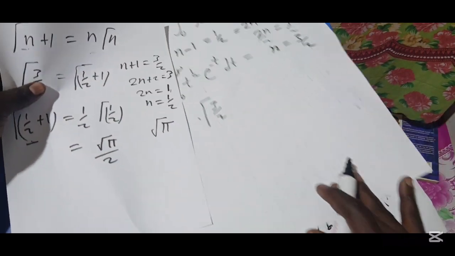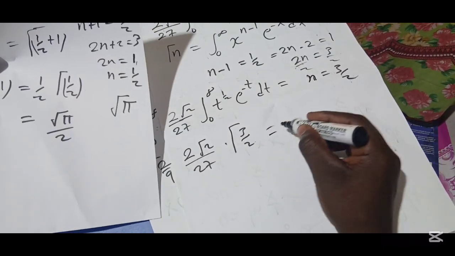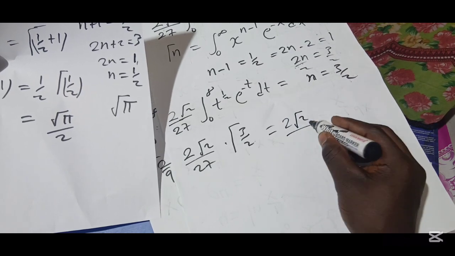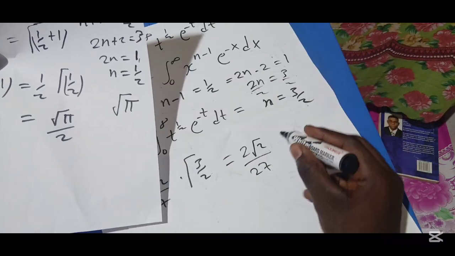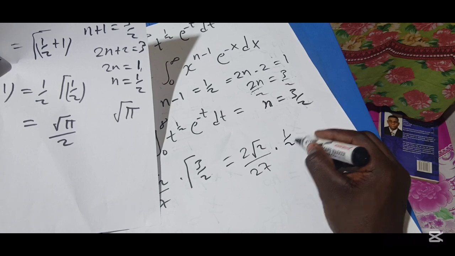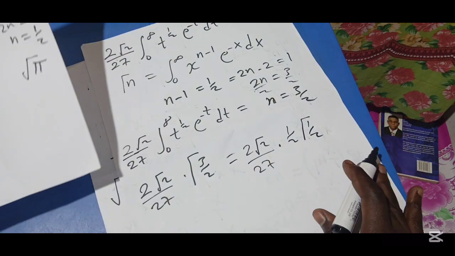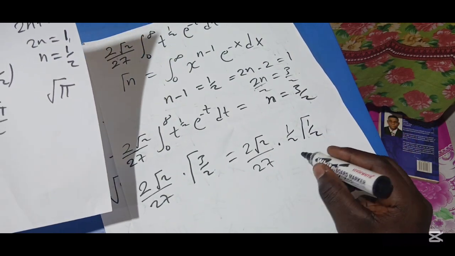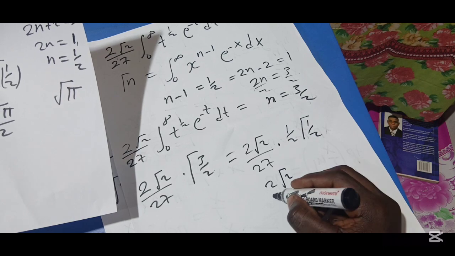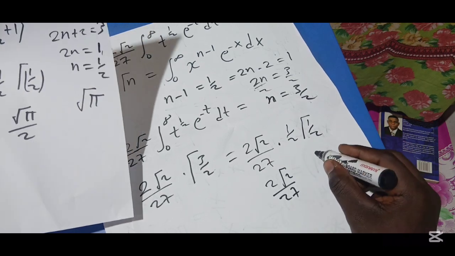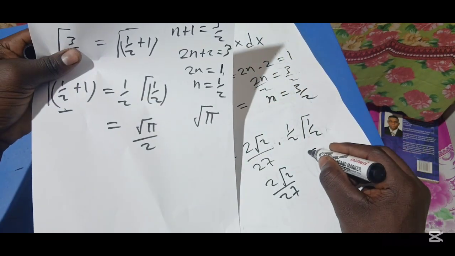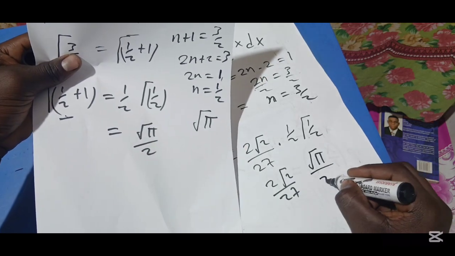So let's apply it here. So this term here will give me 2 root 2 on 27 multiplying half gamma half, right? And half gamma half is going to give me 2 root 2 on 27 square root of pi all on 2.